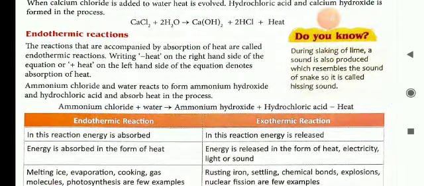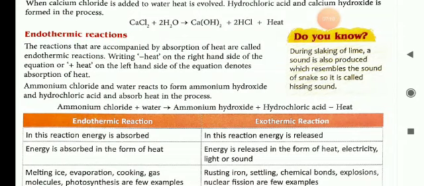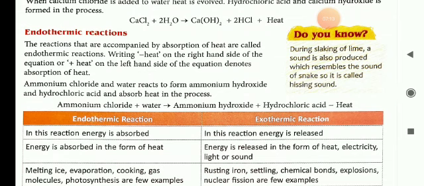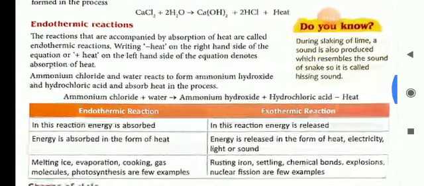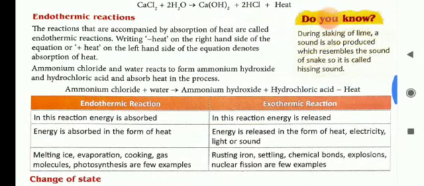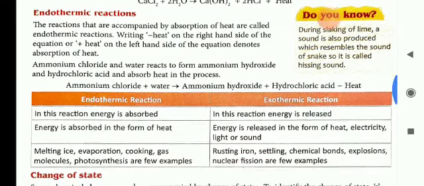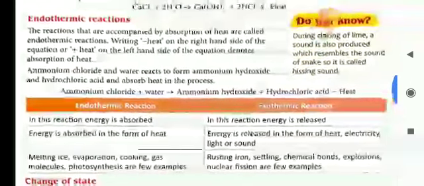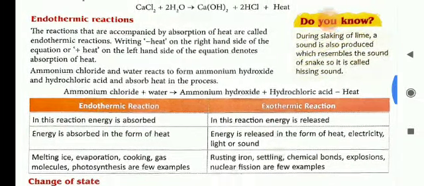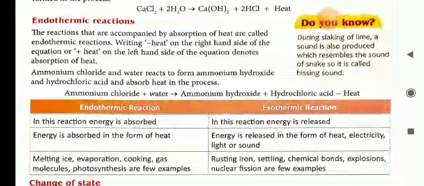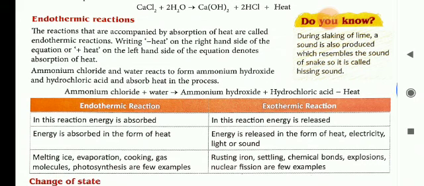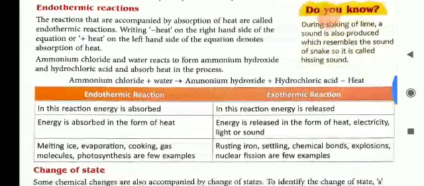Do you know during slaking of lime, a sound is also produced which resembles the sound of a snake, so it is called hissing sound. Lime means चूना. घर में आप लोग देखे होंगे when the whitewashing takes place, then the person soaks this lime in water and some sound is produced.